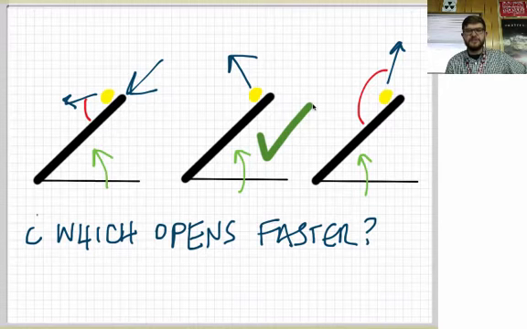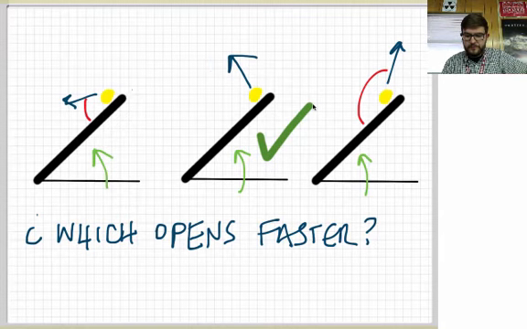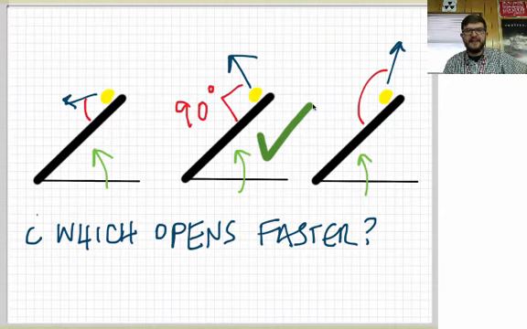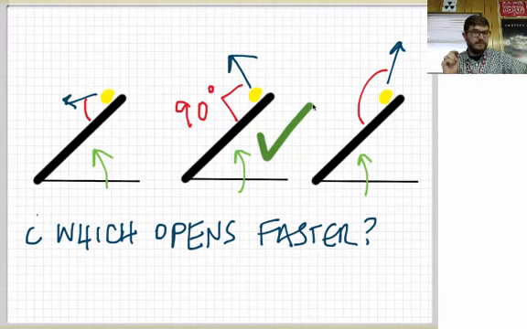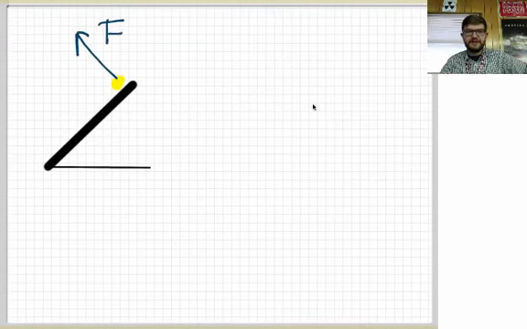So what we get is that if we want the maximum torque or rotational movement from a force, we need to make sure that the force is at 90 degrees to whatever we're trying to turn. That 90-degree angle is going to be really important later, so tuck that in the back of your mind. Let's move on.